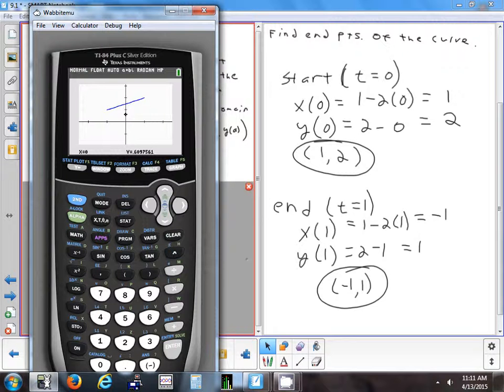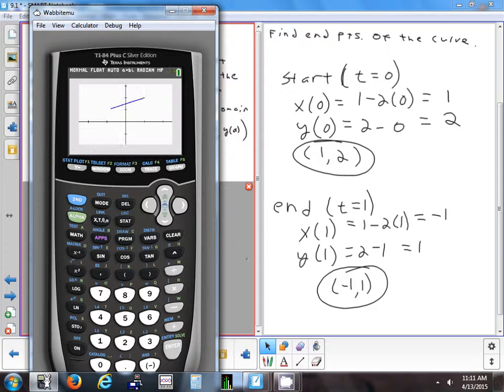In general, when you pick a value for t-step, try to pick one that's divisible into the endpoint of the interval. If you pick something like 0.3, what's going to happen is it's going to graph 0, 0.3, 0.6, 0.9. Then the next one would be 1.2, which is beyond the end of the interval. So it's going to graph 0.9, and you're not going to see the full graph.